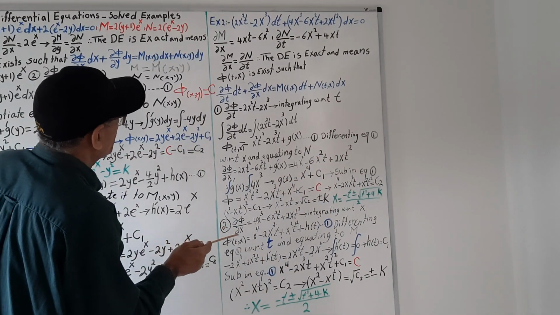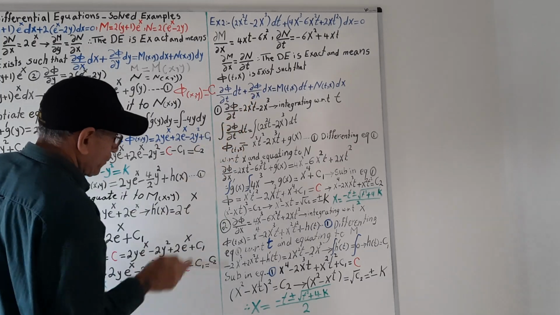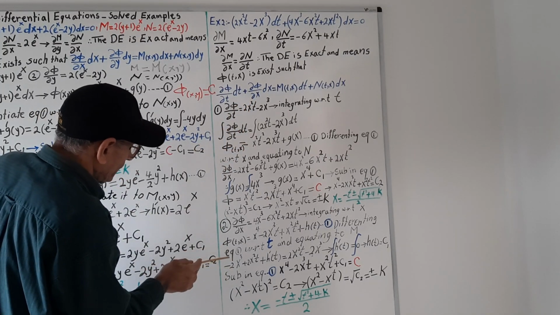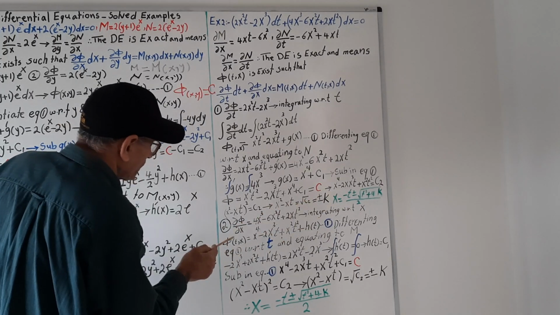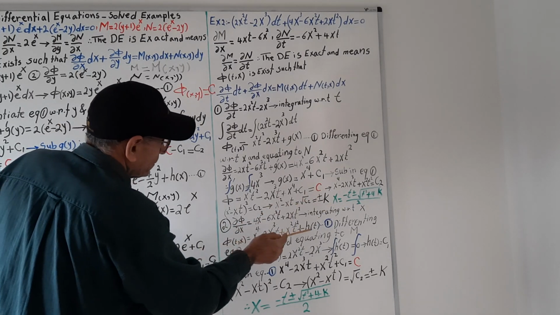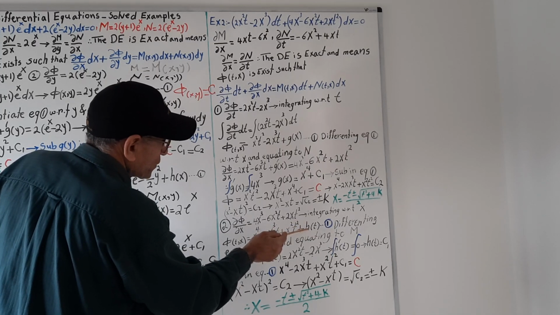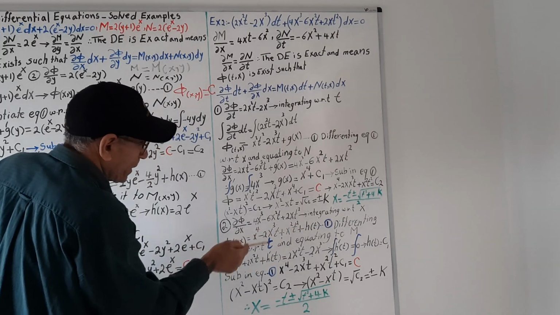The second choice, we take partial of phi with respect to x. And again, integrating with respect to x, this is our function h of t, because we are integrating with respect to x.